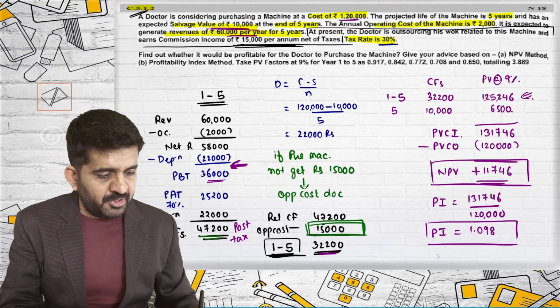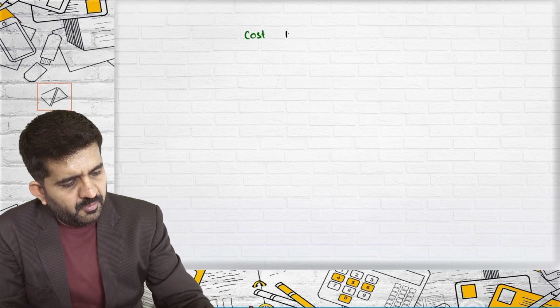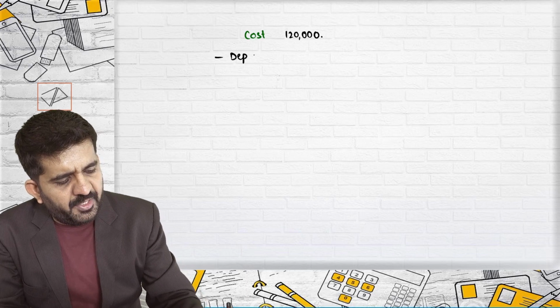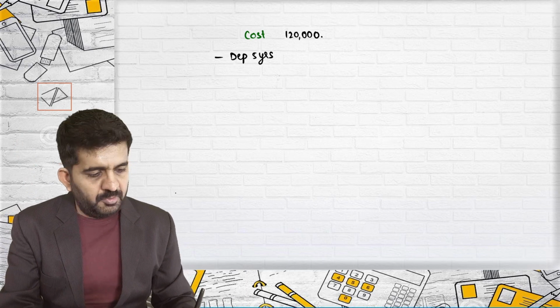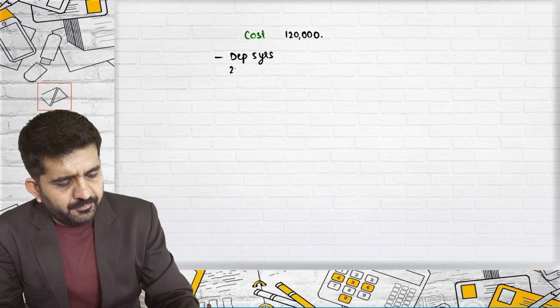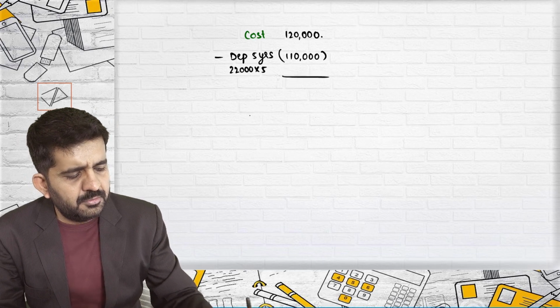Sorry, let me find out that capital gain. What was the cost of the machine? 1,20,000. How much depreciation would you have provided in 5 years? Can you help me out? 22,000 into 5? It is 1,10,000.